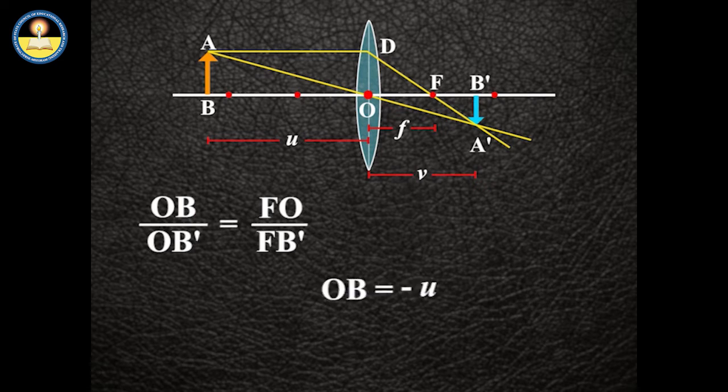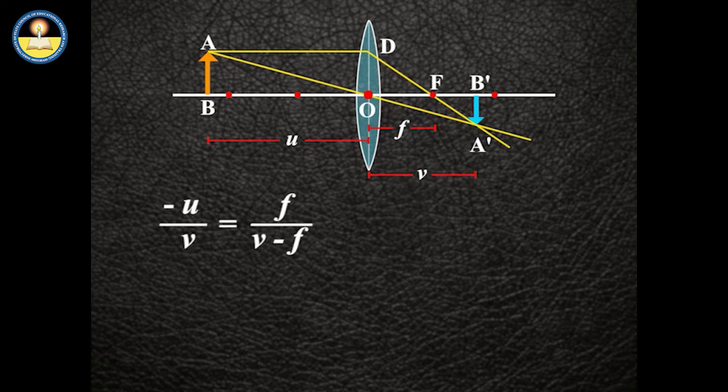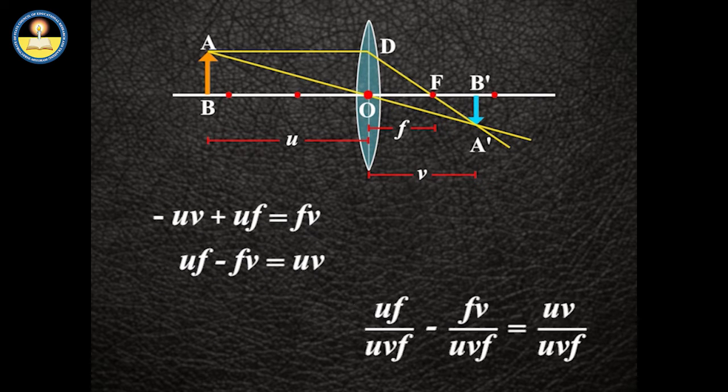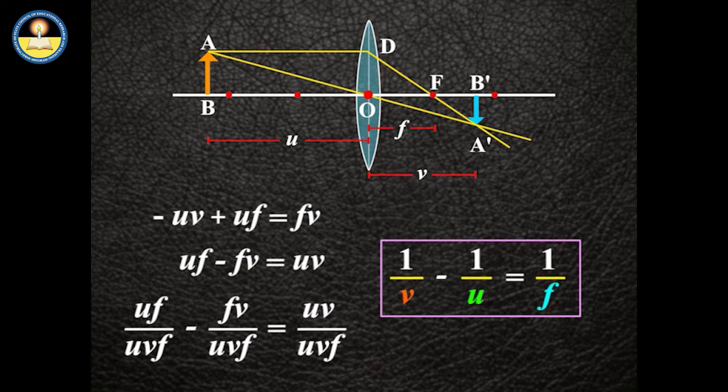Since OB is the distance of the object, OB' is the distance of the image, FO is the focal length of the lens, and FB' is the difference between the image distance and the focal length. On substituting the corresponding values using sign conventions, one can obtain a relation between the object distance, the image distance, and the focal length of the lens as shown.